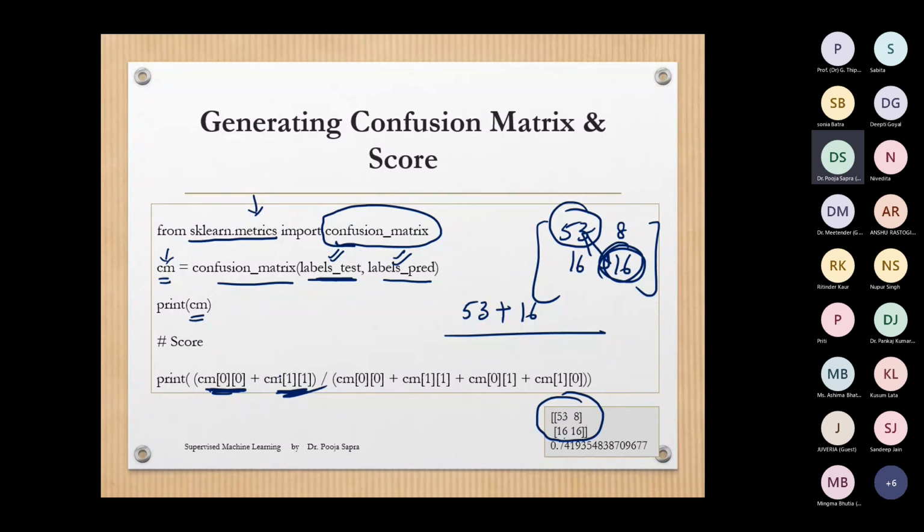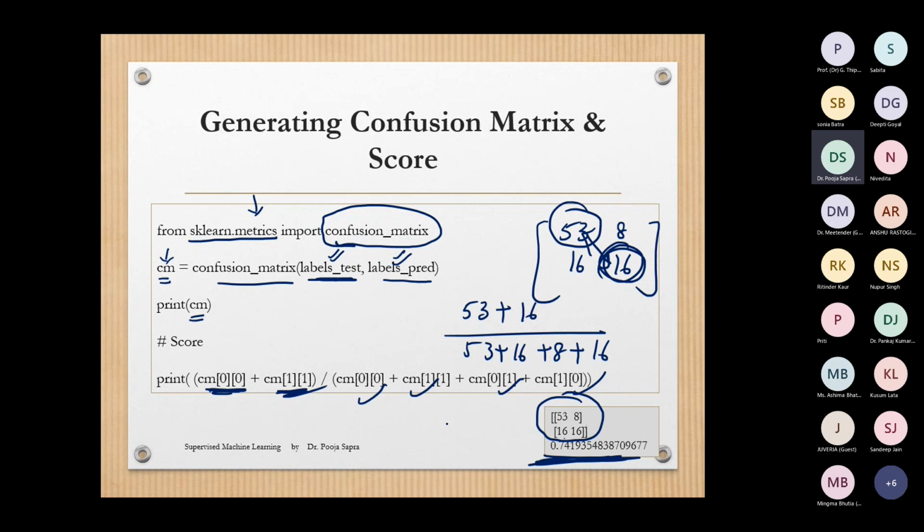Again, both true positive and true negative, and the summation of all values: 53 plus 16 plus 8 plus 16. And finally, the score of this model is 74%, or you can say 0.7419 and so on.